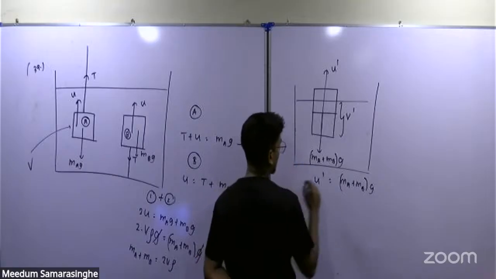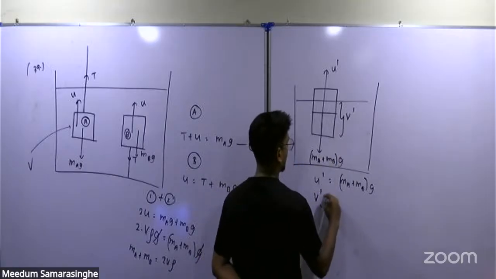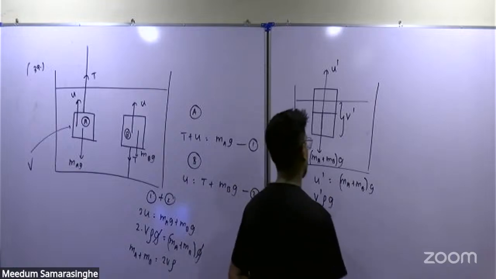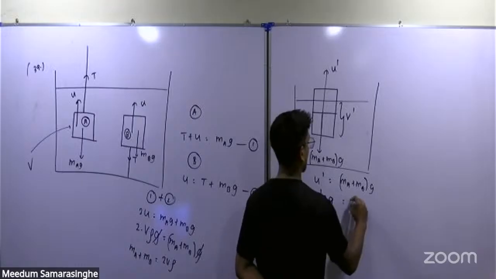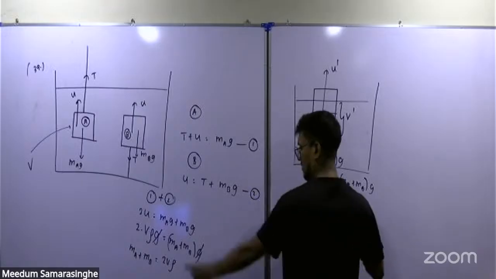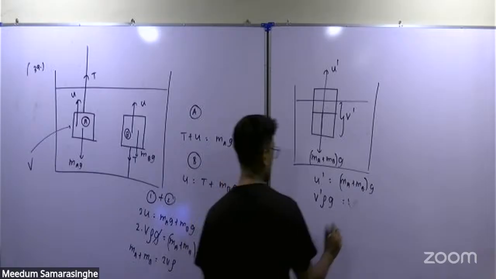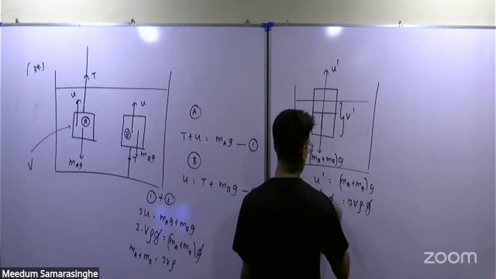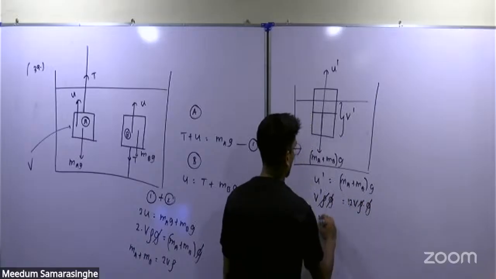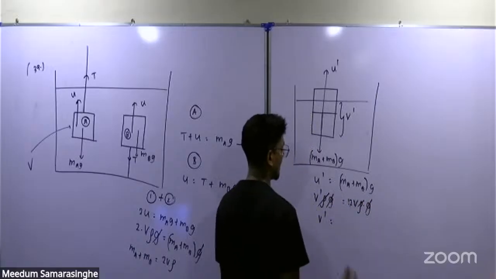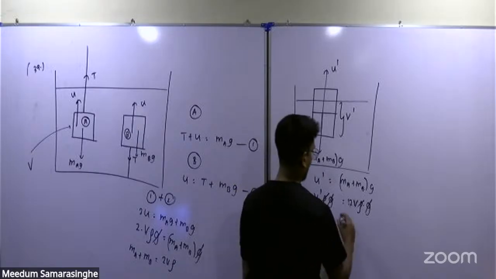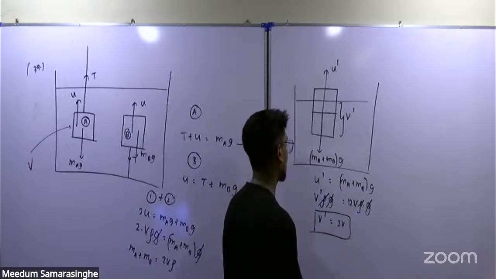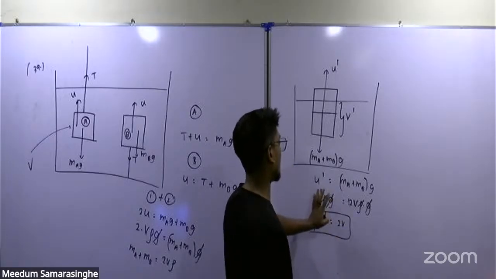U dash is the submerged volume V dash times density of water times g, which equals MA plus MB, which is 2V rho, times g. g gone, rho gone. So if this system is in equilibrium, V dash should be equal to 2V. That means if the submerged volume is 2V, the object can float.